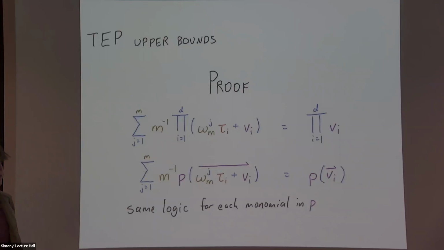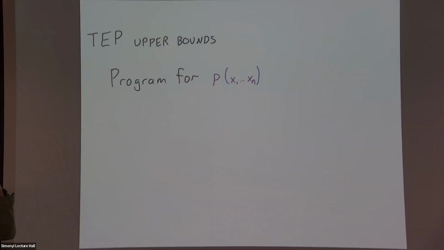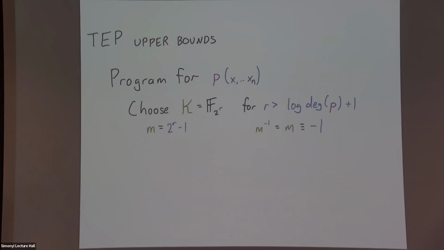So this is the magic, and you just have to patch it into tree evaluation, but that's not too hard. So we're going to pick our field K which we're operating over. Just pick it to be something of characteristic 2 to make all the math easy. We're going to choose M to be 1 less than the size of the field, because then the inverse of M is just -1.